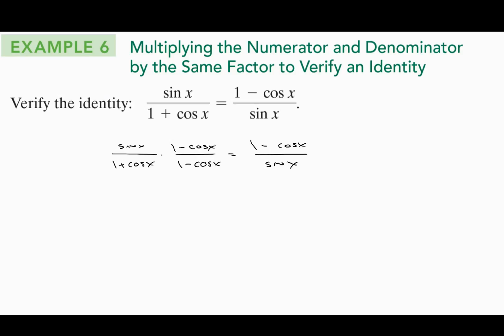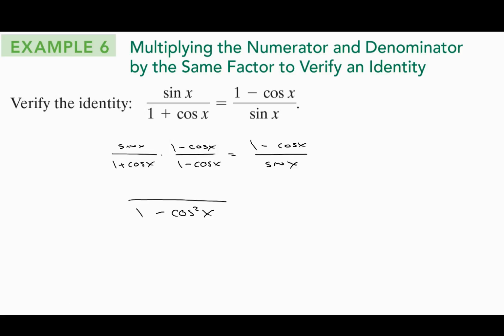Okay. And this makes something really nice happen, because this is not an identity. 1 plus cosine you can't change into anything. But when I multiply by its conjugate, I get 1 minus the cosine squared, which is an identity.